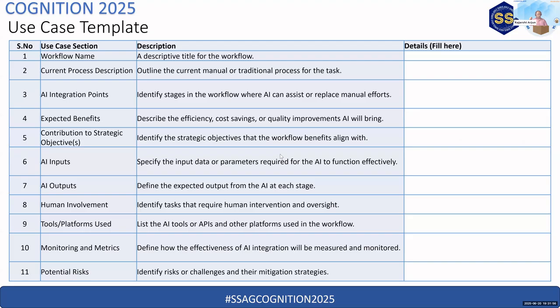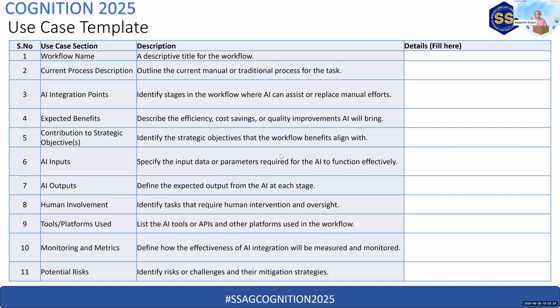How is it done today? Which would be the AI integration points? What could be the benefit the use case could give us? If it is a very big use case, does it have a connection with my business unit or my organization's strategic objectives?